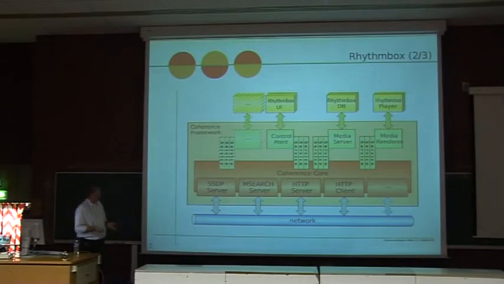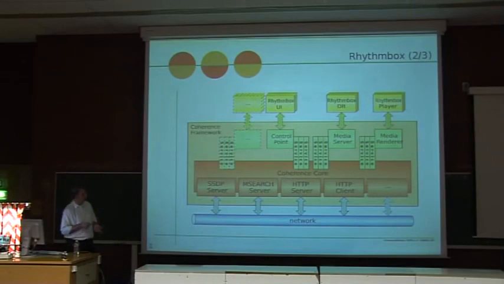So what we need is a little bit of glue code here that just translates the UPnP browse request into a request to get that data from the Rhythmbox database. Same over here for the Rhythmbox player. What we need is the glue code that translates the play request from the UPnP control point into the play command that Rhythmbox actually makes, playing the song.